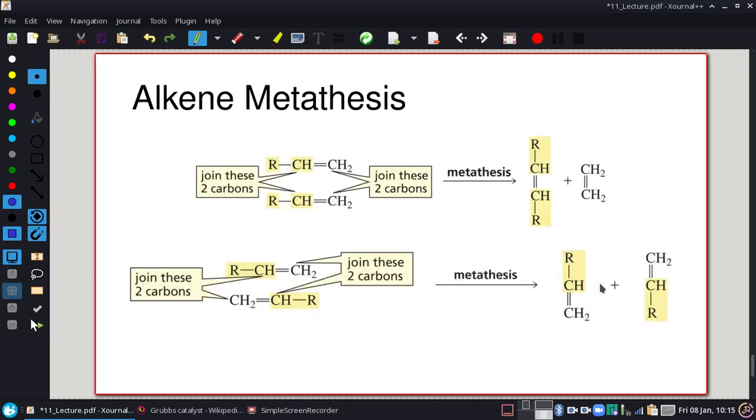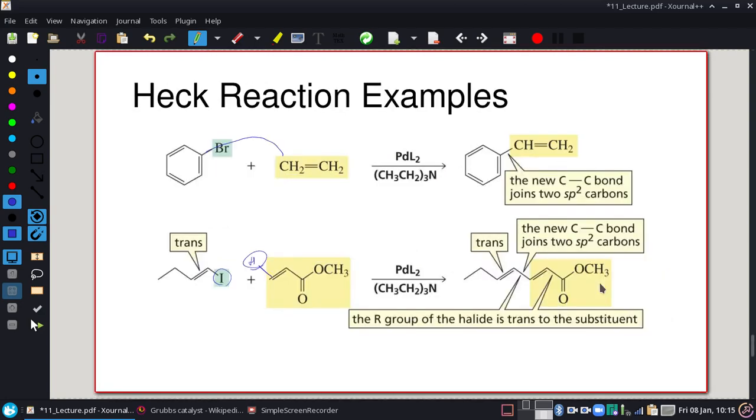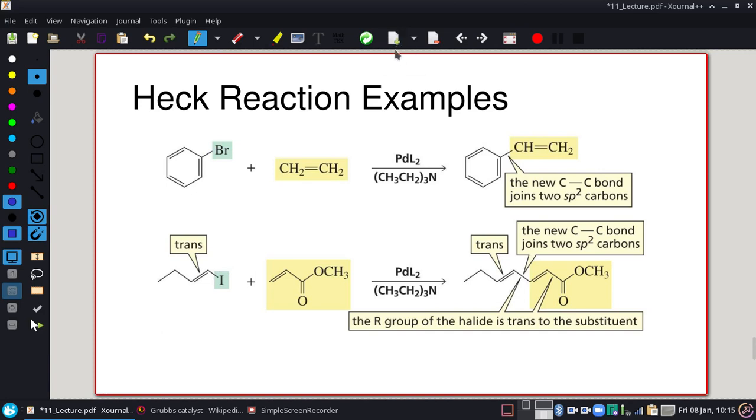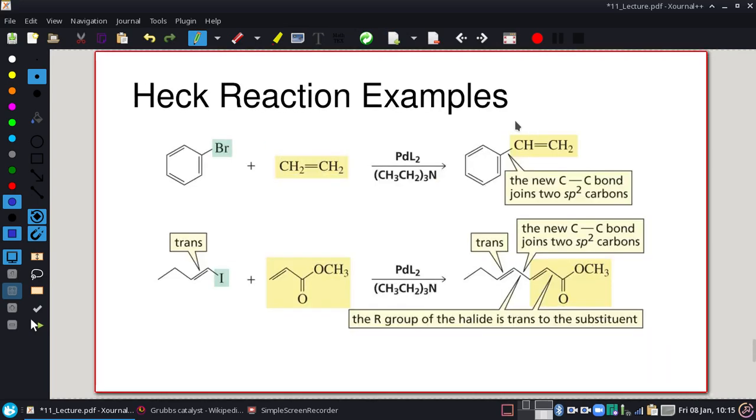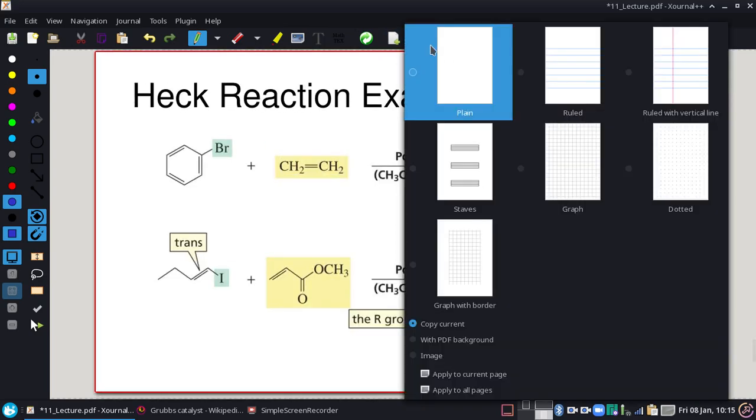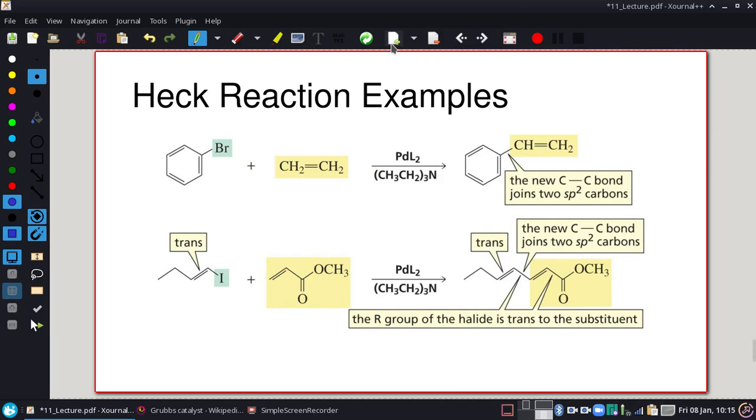All right. Now, before we do this alkene metathesis, I think we should have done something a little different in our textbook. So I'm going to add just one little blank page here. And the reason I'm going to do an extra page, did it actually add it? I'm just seeing a flash of a screen. No, it didn't add it. See, I don't know how to add a screen apparently.